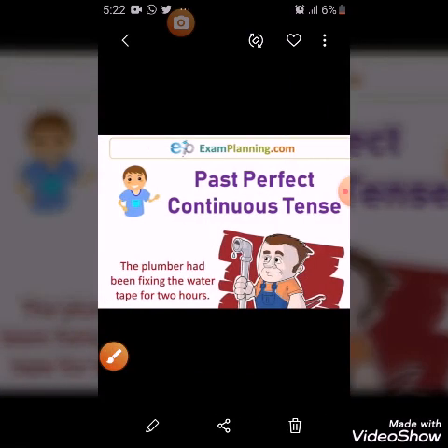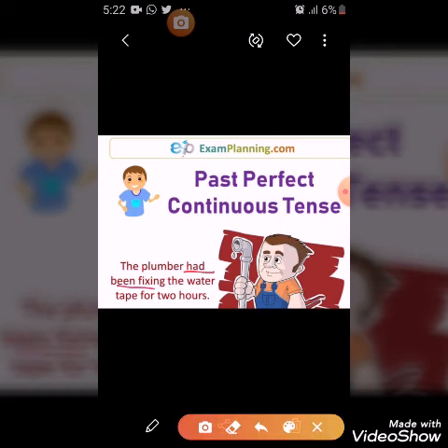You will get more with the help of these examples. For example, the plumber had been fixing the water tap for 2 hours. Just see, had been fixing, past perfect continuous tense.